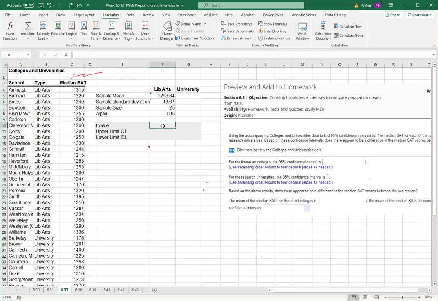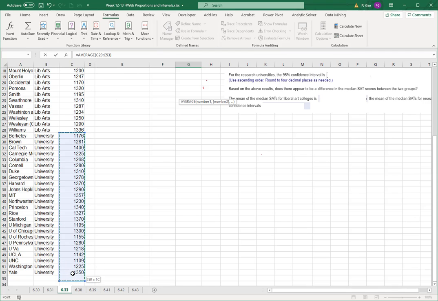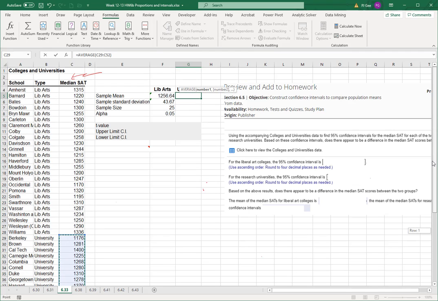Okay, what's our t value? Let's do the other one first over here. Let's do the sample mean of everything that says university here. Again, these were pre-sorted for us, filtered and sorted. Let's look at the average. The university median is a little bit higher than the liberal arts.